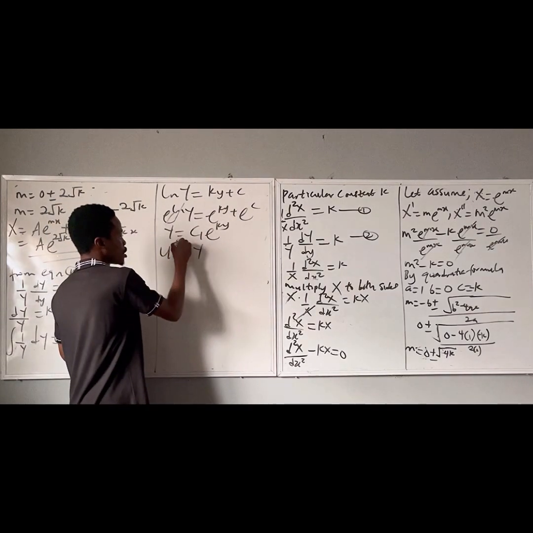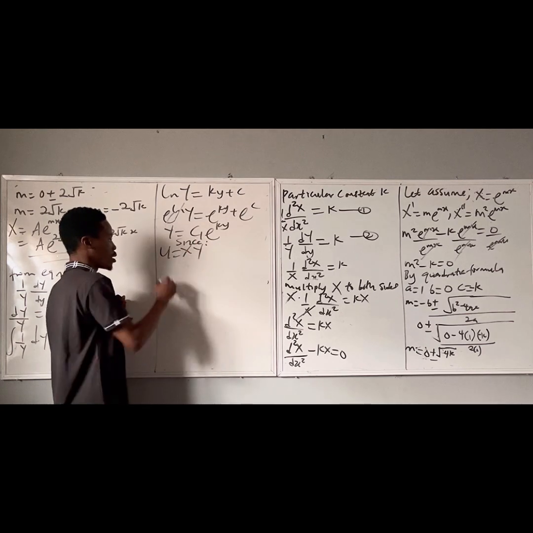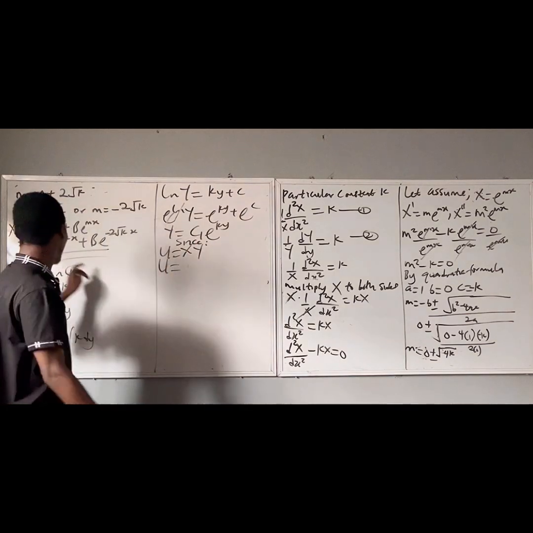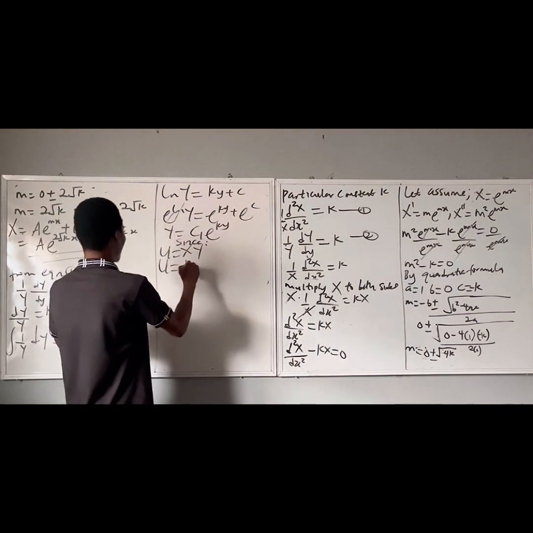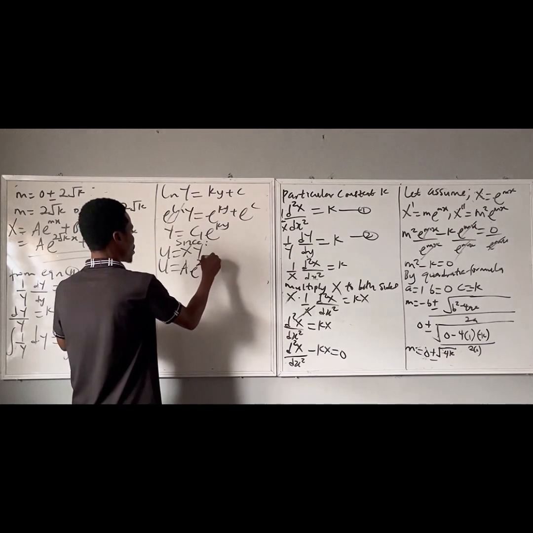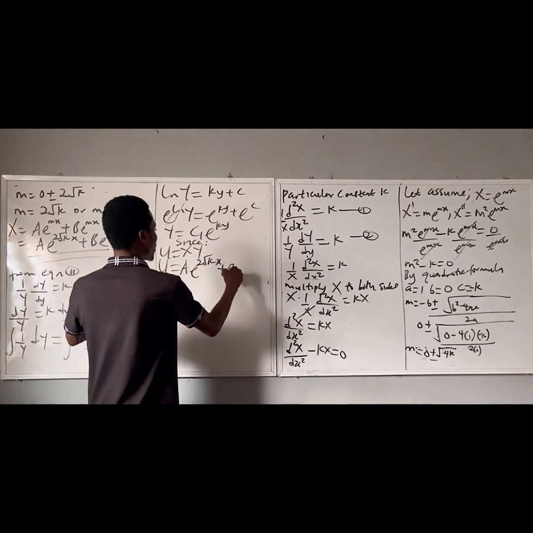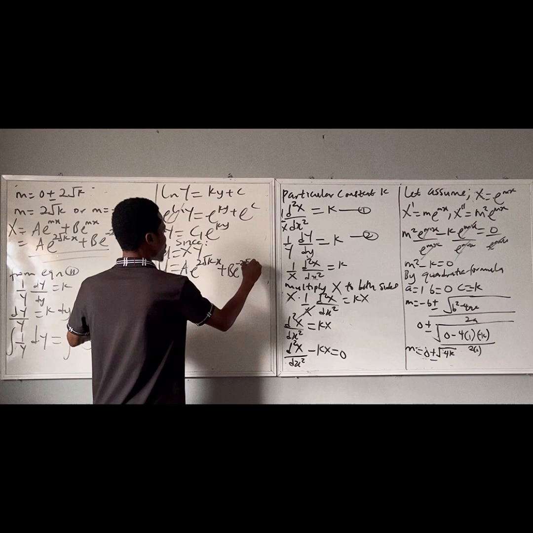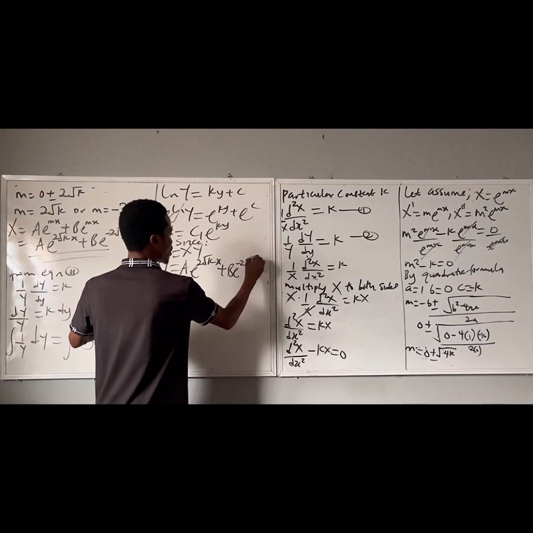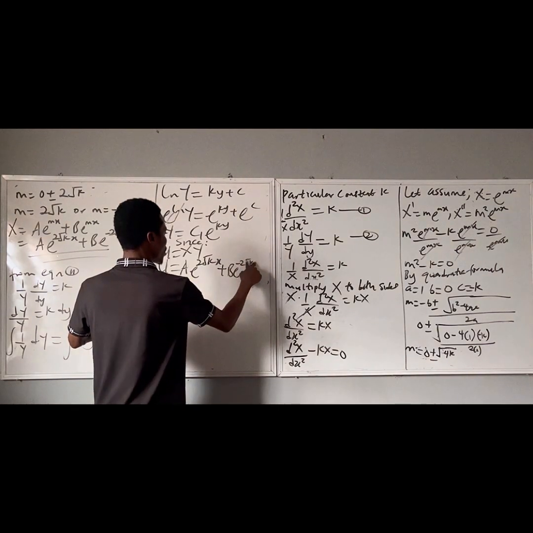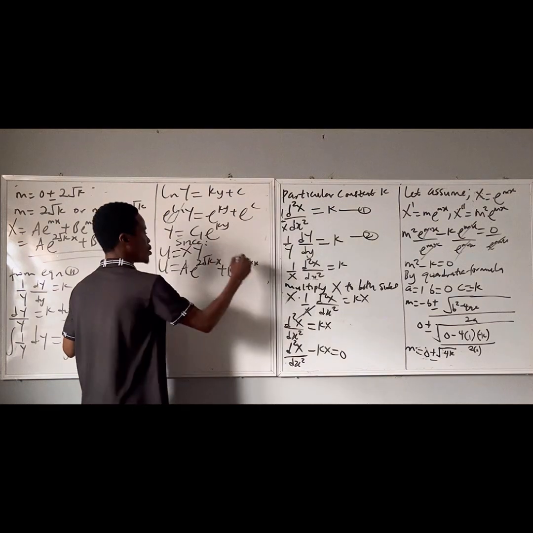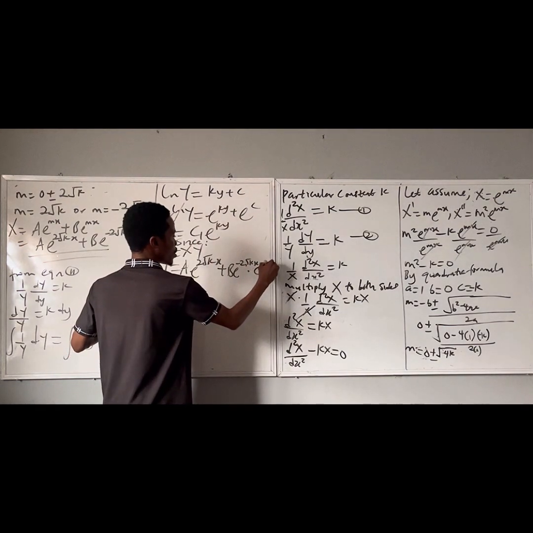Since u is equal to a function of x and y, what is my x? X is a exponential 2 root kx plus b exponential minus 2 root kx, multiplied by C1 exponential ky.